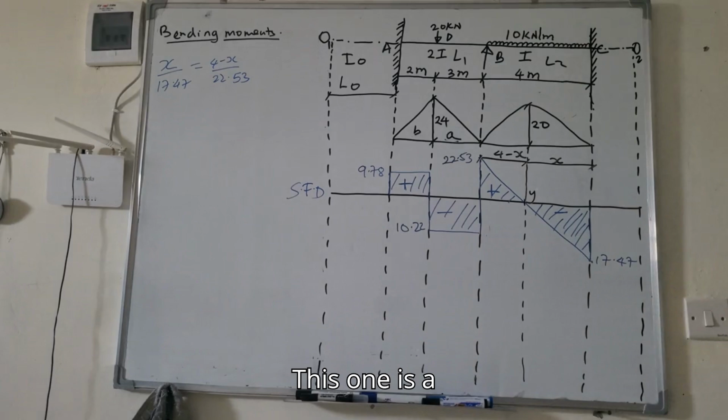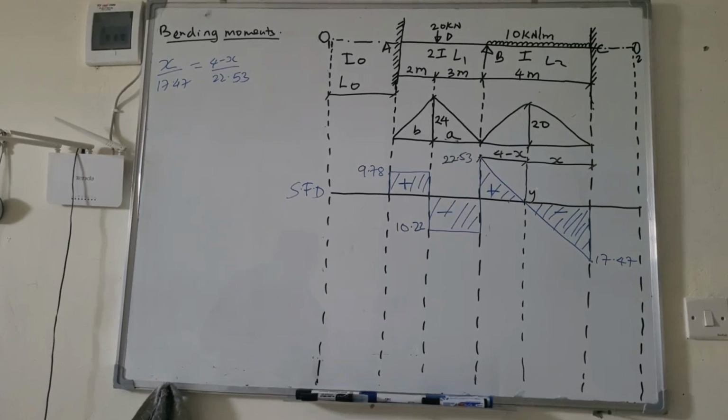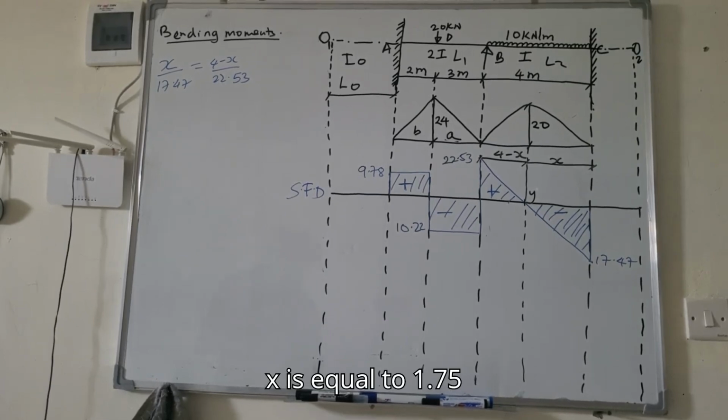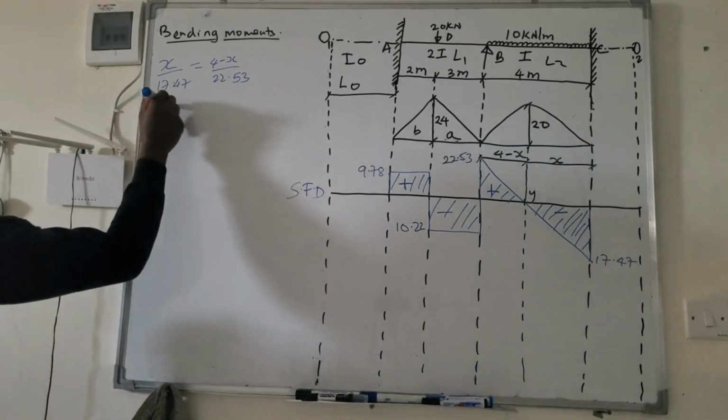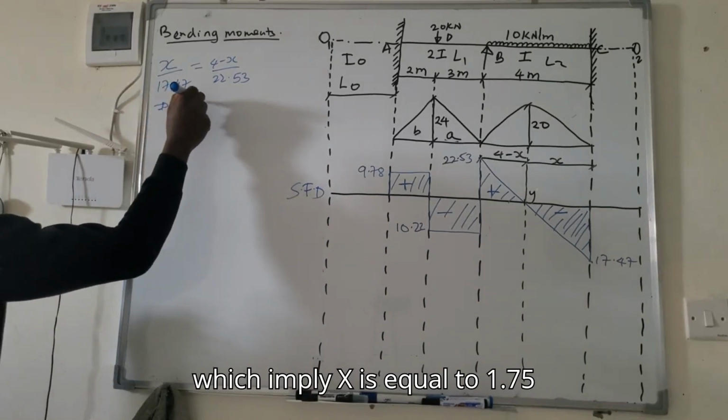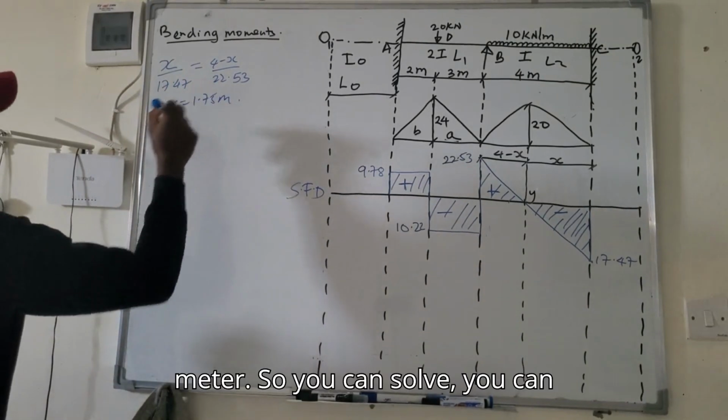This one is a similar triangle rule, which implies x is equal to 1.75 meters.